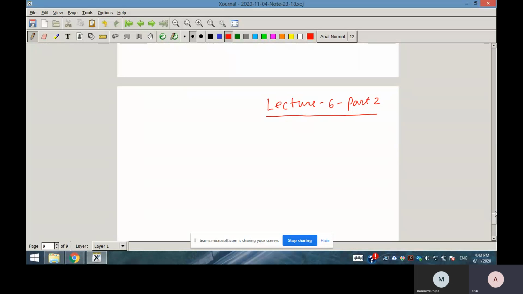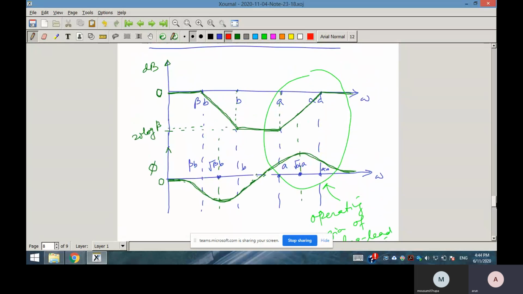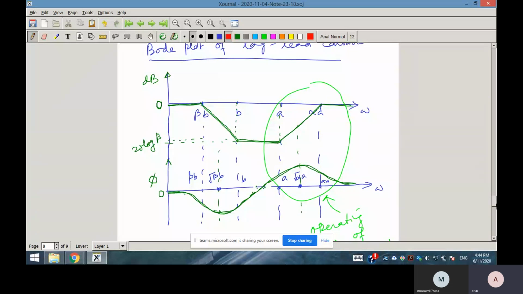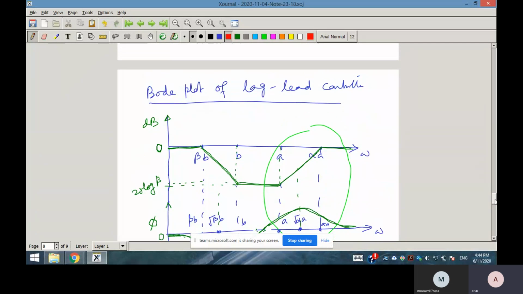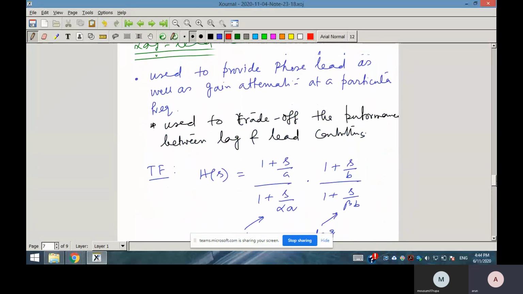So we saw that lag lead controllers are needed when you want attenuation as well as phase lead, that means gain attenuation as well as phase lead. Bode plot of the lag lead controller, and this is the transfer function.